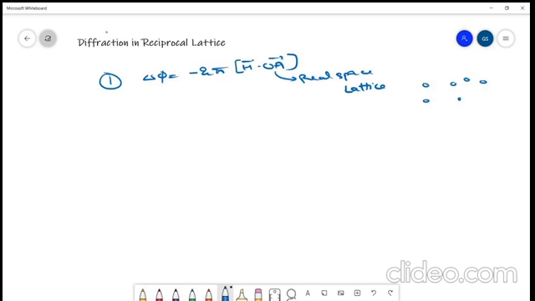O was a lattice point and A was a lattice point, and the OA vector is a lattice vector between lattice points. So this was written as P times A1 plus Q times A2 plus R times A3. We have seen that at the start of the proof. Also, this H is a reciprocal lattice vector.